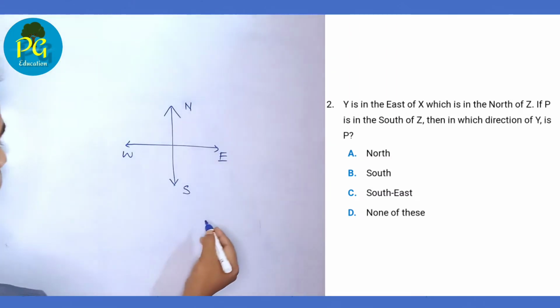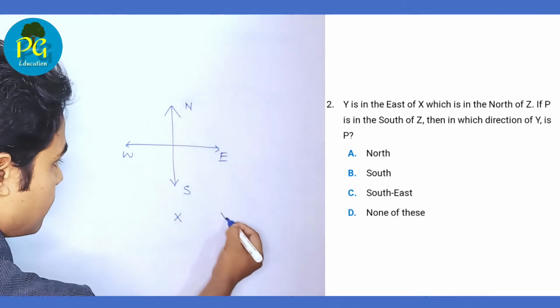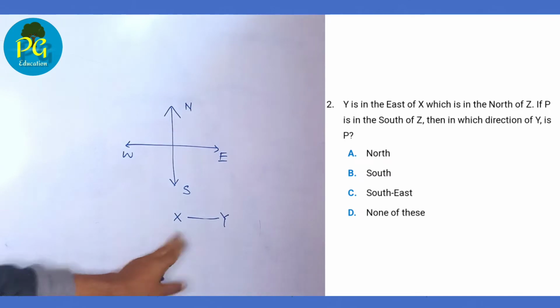Y is in the east of X. So if this is the position of X, which direction is the east of X? This side. So the position of Y is over here. Understood? Y is in the east of X.